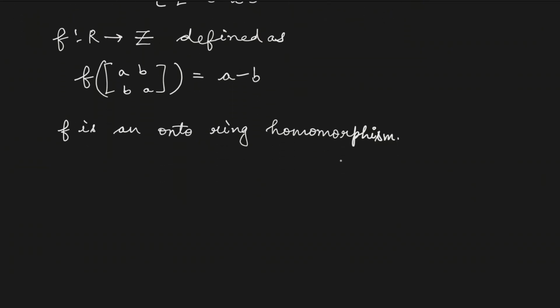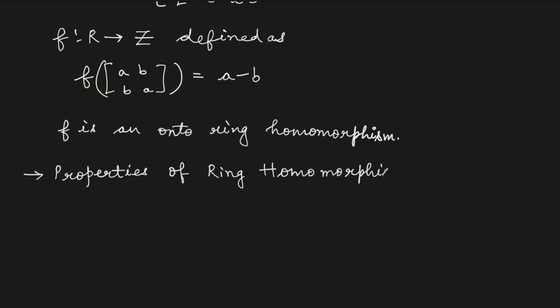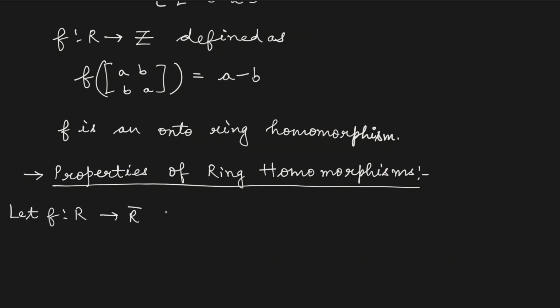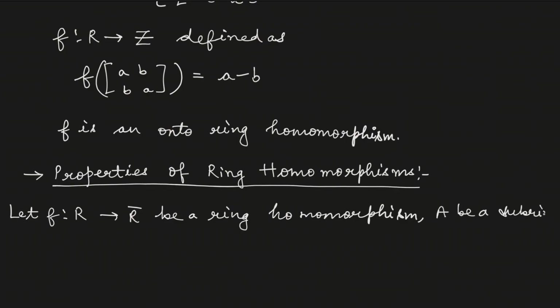Now some properties of ring homomorphisms. Let f mapping from R to R bar be a ring homomorphism, A be a subring of R, and B be an ideal in R bar.